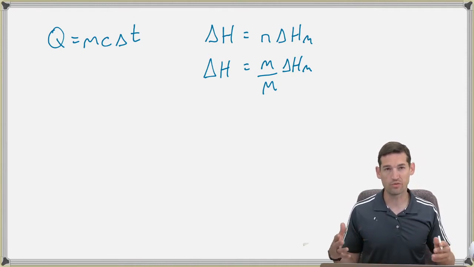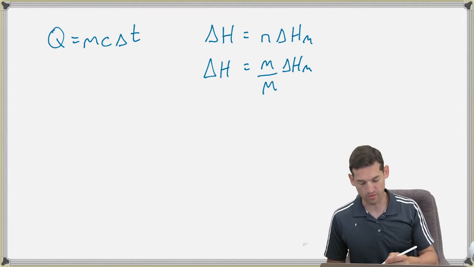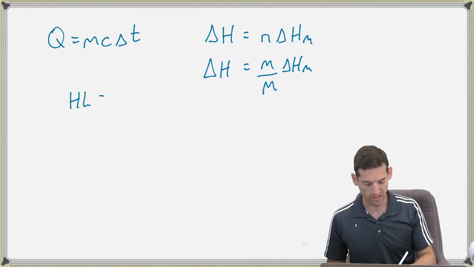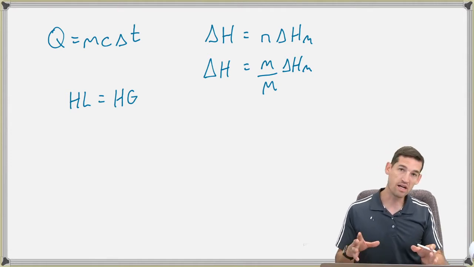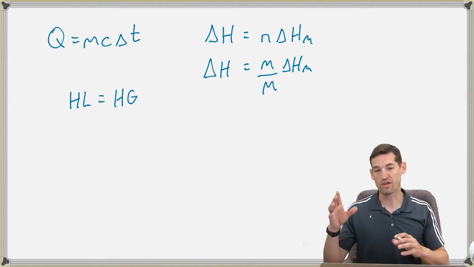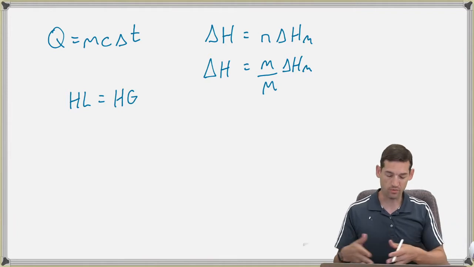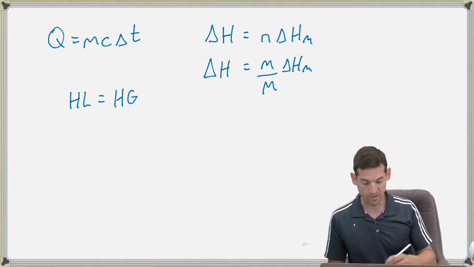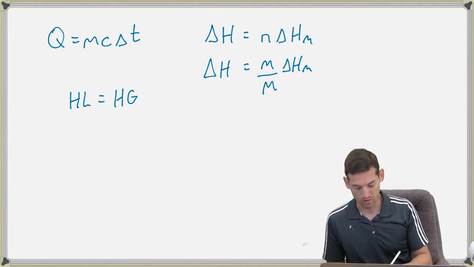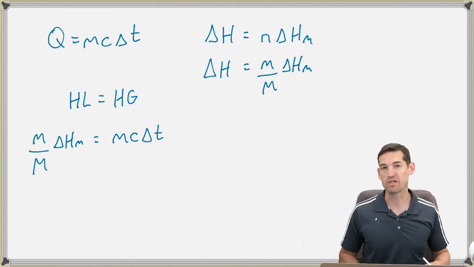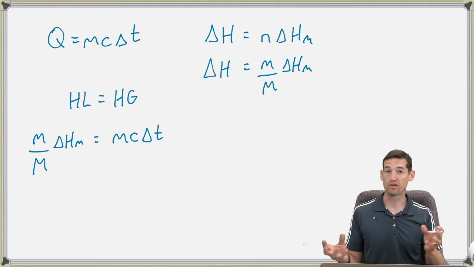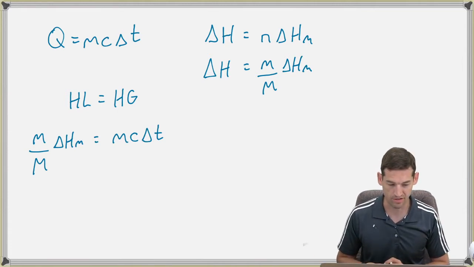And then we went through that you could combine those. Remember, like in calorimetry, we can say that heat lost is equal to heat gained. And then we can combine bits and pieces of the Q formula or the delta H formula to build this out into something like, let's say, mass over molar mass delta Hm is equal to mc delta T. So just combining the pieces together when you have both changes happening simultaneously.